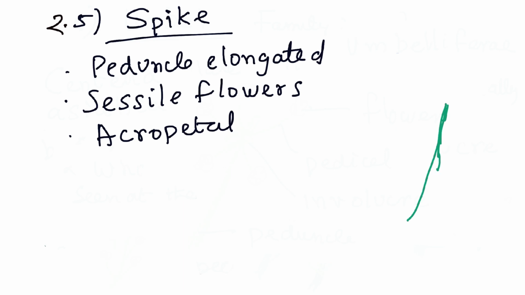So note that point. And the arrangement of the flowers is acropetal, in the sense that we have the older flowers at the base and the younger flowers at the apex or at the top regions. An interesting point here is that the whole inflorescence has a kind of condensed look.